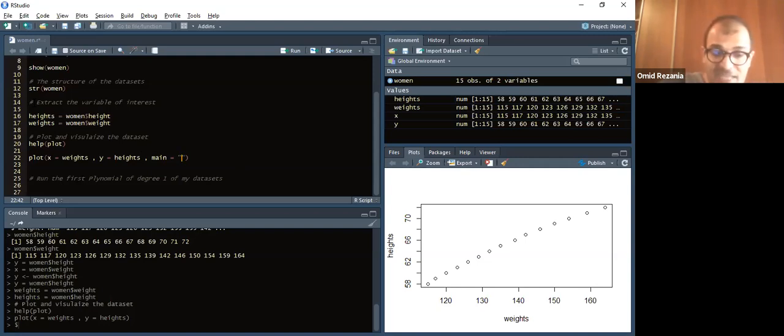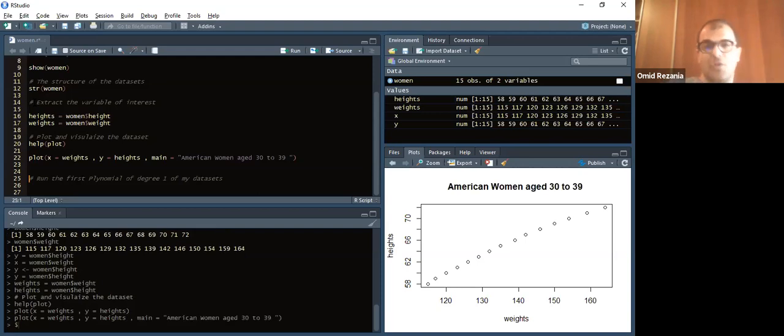I'm just going to write the name of my plot, American woman, age 30 to 39, Control Enter, and you see this title showed up in bold fonts on top of my plot. That's going to be the title of my plot. Why do I need to see the title of my plot?